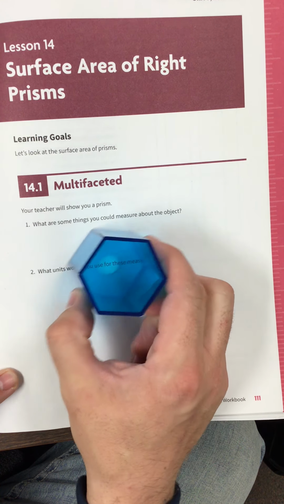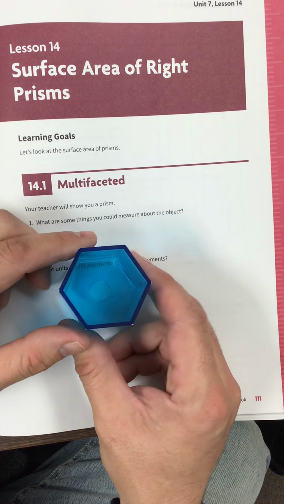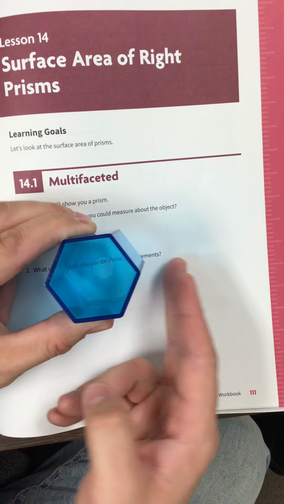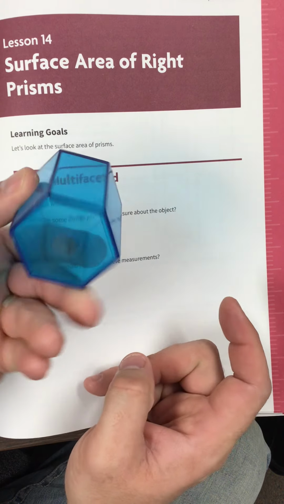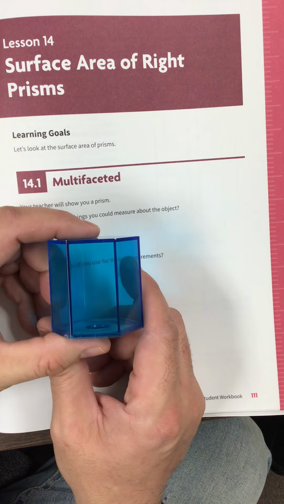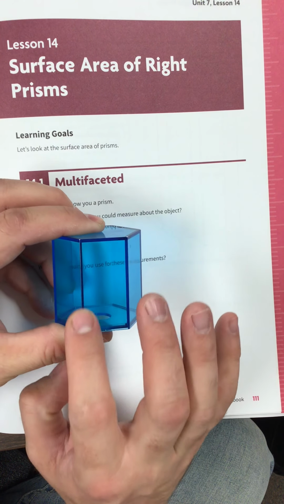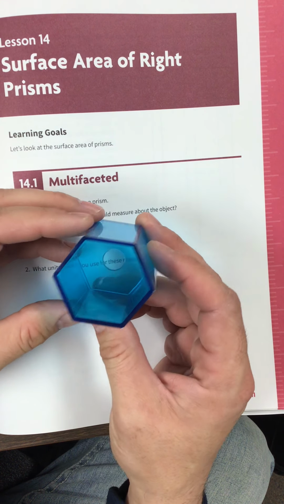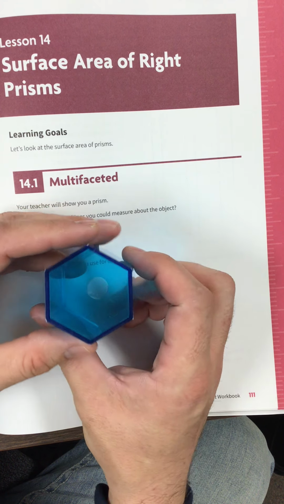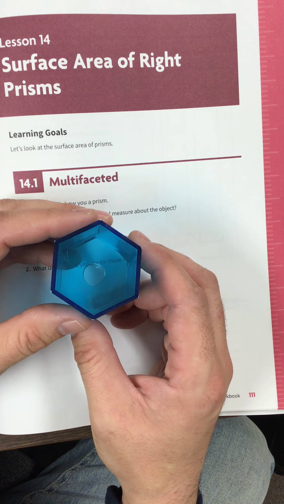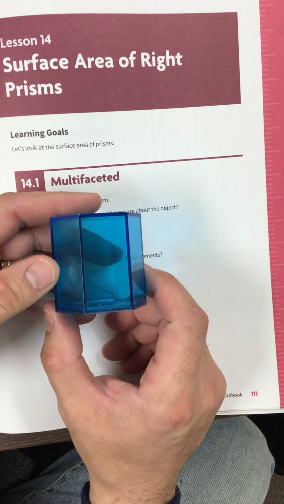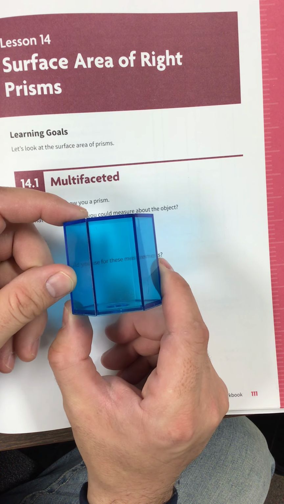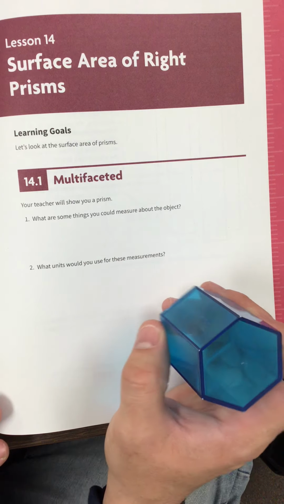I could measure the surface area. We're going to get into that today. That would be the area of every side. So it would be the area of the hexagon, top and bottom, and then the area of every side. In that case, I would have rectangles, and I would have 6 of them. So to get the surface area of this, we would have to get the area of the 2 hexagons, add them together, and the area of 6 rectangles, and then add it all together to get the total surface area.